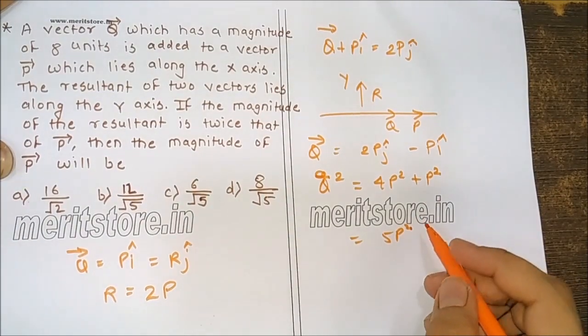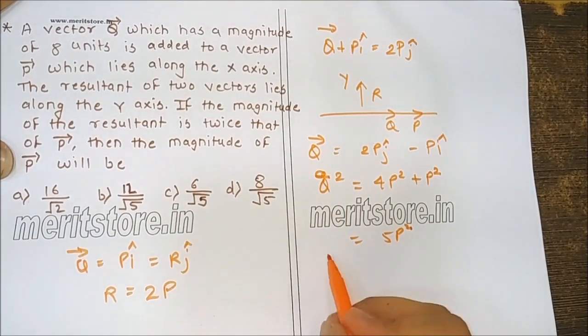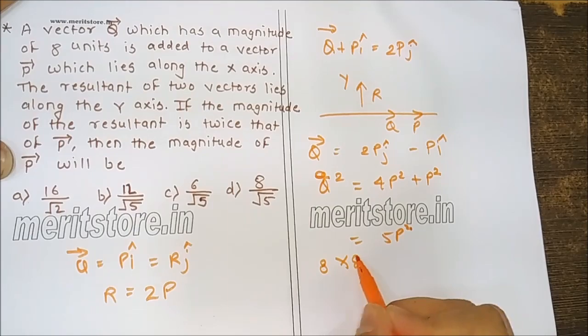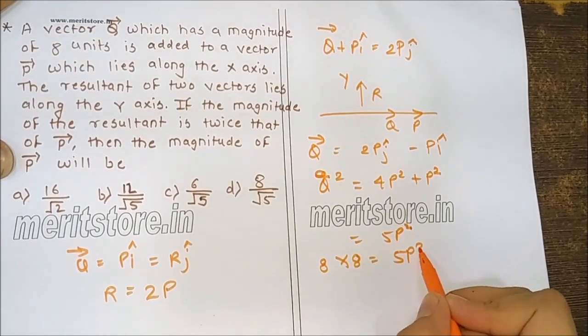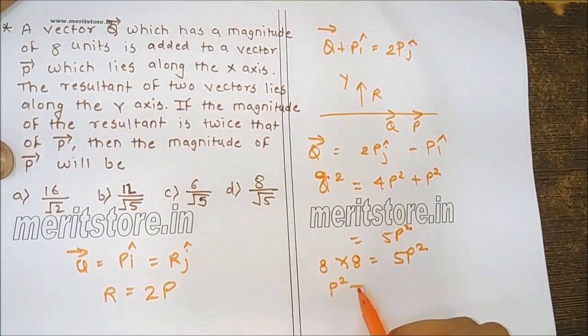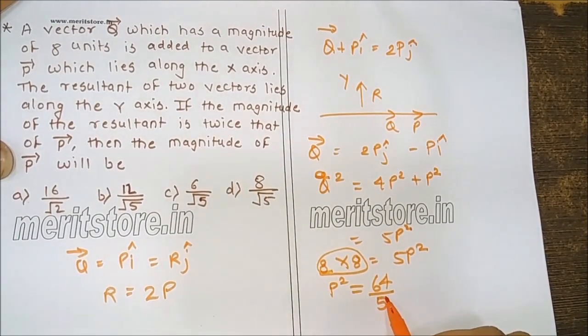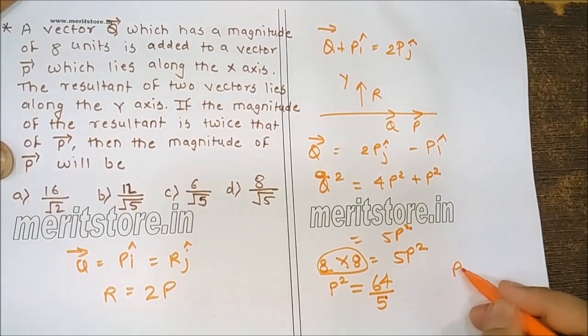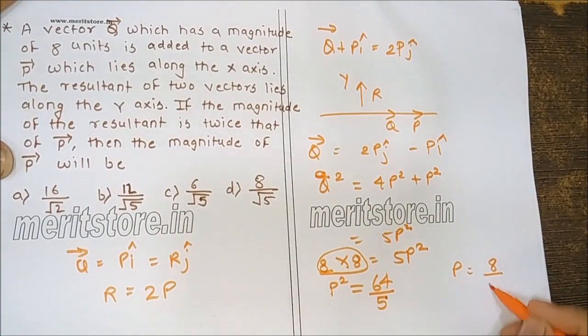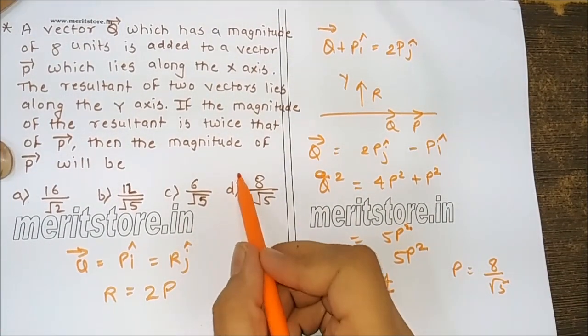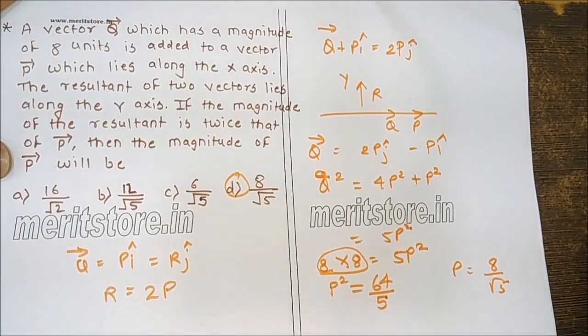But the magnitude of q is 8. So 8 into 8 is equal to 5p square. So value for p square is equal to 64 upon 5. So p is equal to 8 upon root 5. So option D, 8 upon root 5 is the correct answer.